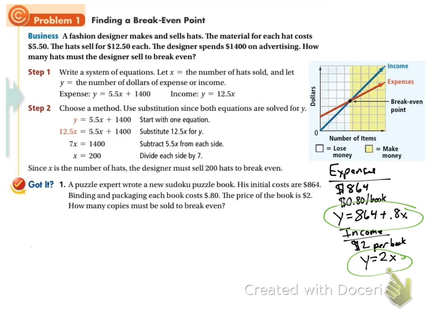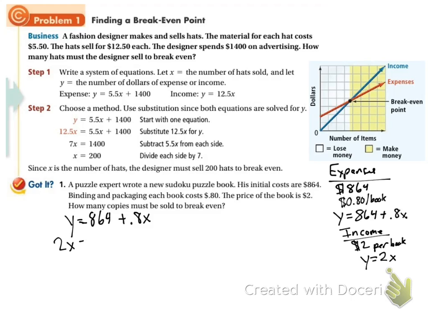Well, if you think back to what we said on the last slide about choosing different options, these are already solved for a variable. So substitution would be really easy. So I'm going to take this stuff here, and I'm going to plug it in for the y in the other equation. So I have y equals 864 plus 0.8x, and I'm going to plug in my 2x for my y.